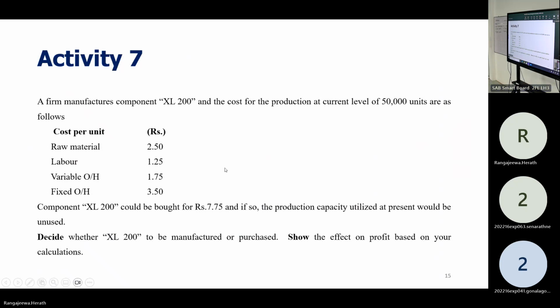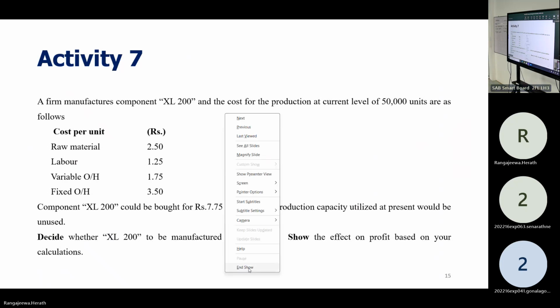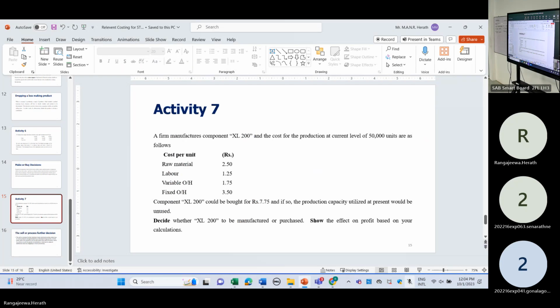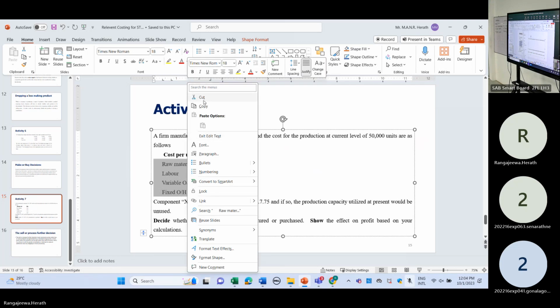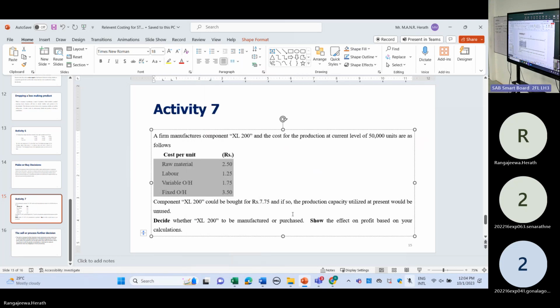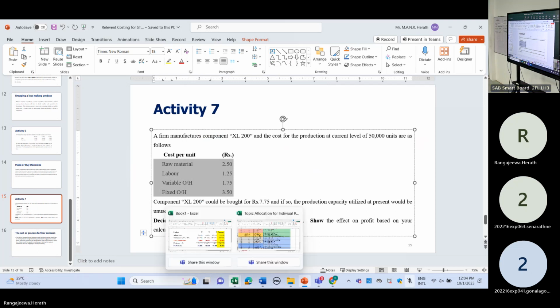So the effect is based on your calculation. Basically, here the relevant cost is the variable cost.